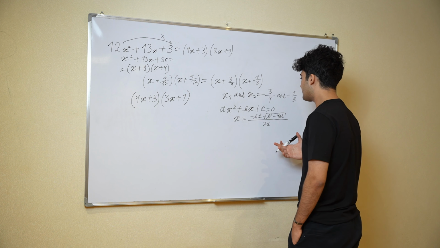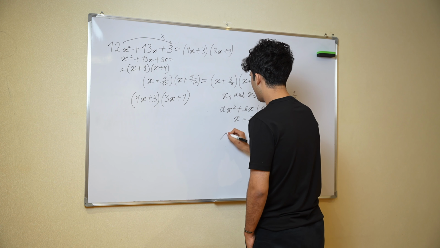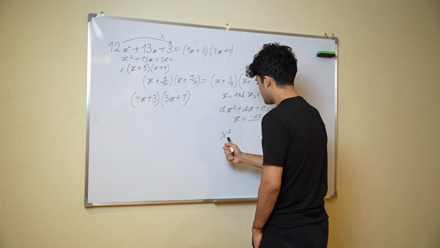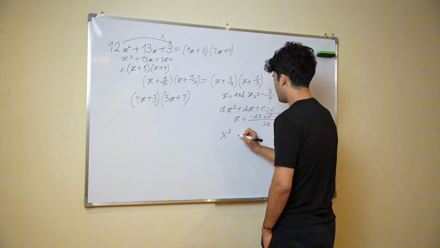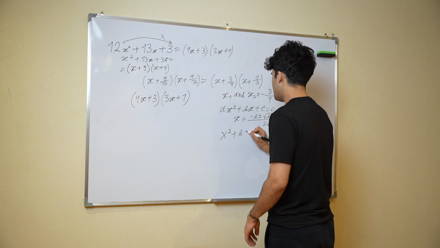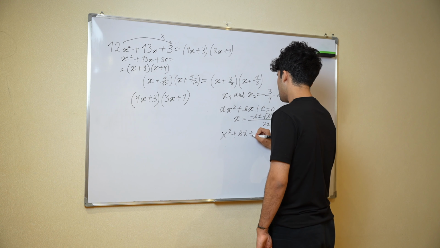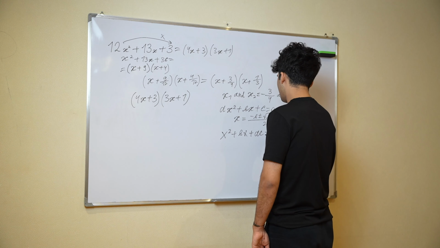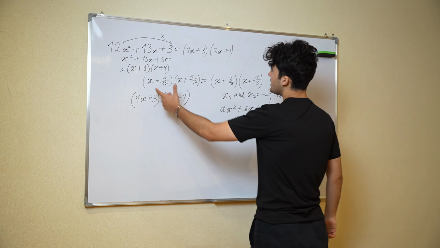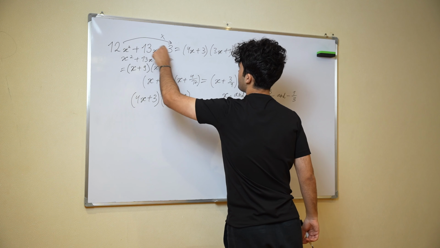So now we're going to have another equation. We're going to have x squared, and this x is different, by the way. We're going to have x squared plus bx plus ac equals 0, just like we did here, where we multiplied this a by the c.